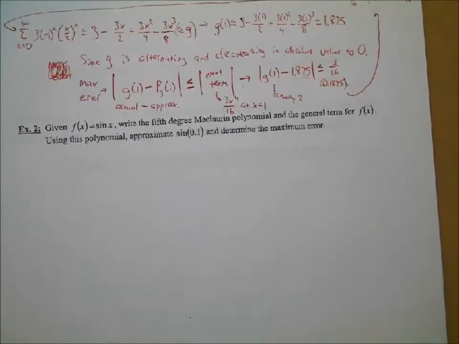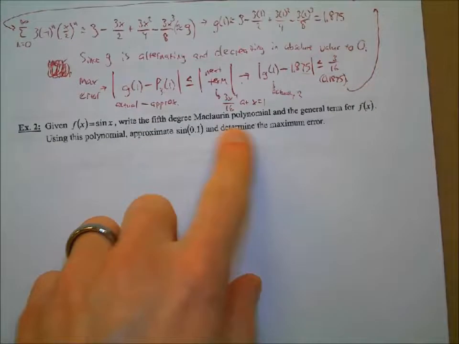Let's try example 2. Given f of x equals sine of x, a new function, write the 5th degree Maclaurin polynomial and the general term for f of x. Using this polynomial, approximate sine of 0.1 and determine the maximum error. Why don't you go ahead and write that 5th degree Maclaurin polynomial for sine of x?